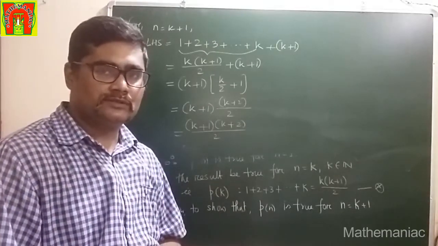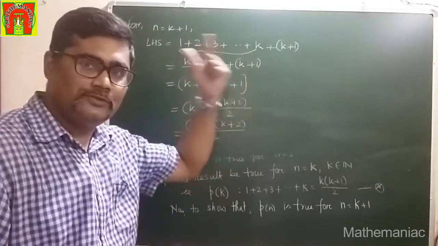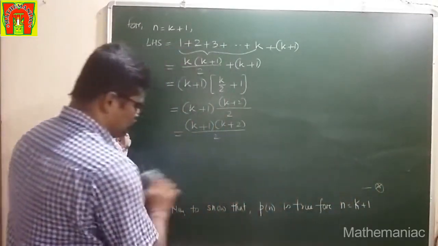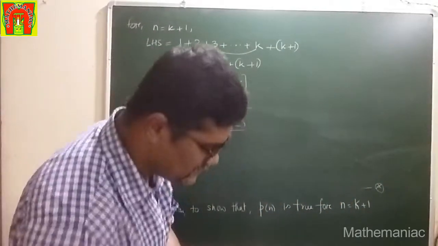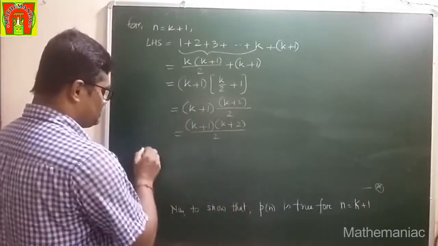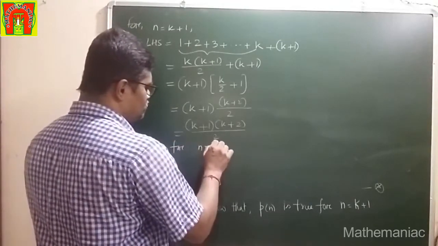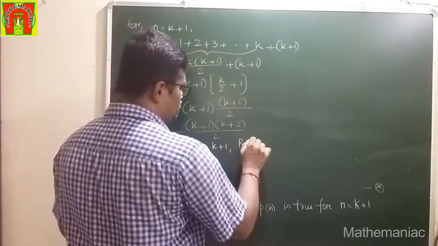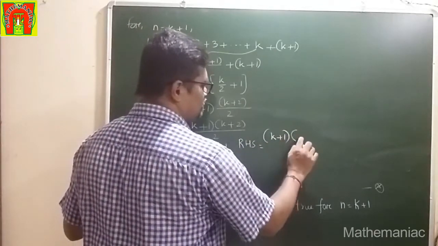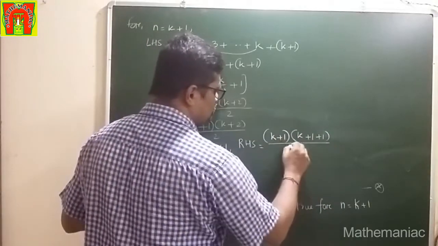Now you have to again see whether you are going to get the same thing once you replace n equal to k plus 1 in the right hand side of the expression. If you get, you are done, right? So now we are going to replace n equal to k plus 1 in the right hand side. For n equal to k plus 1, RHS, in the place for n, then n plus 1 was there, so it is k plus 1 plus 1 divided by 2.